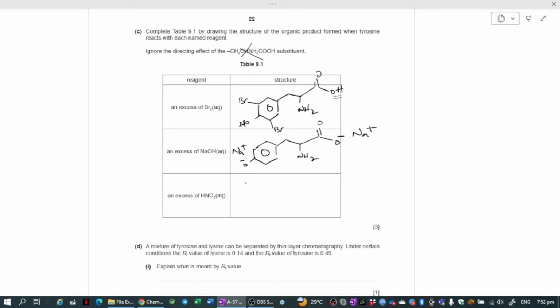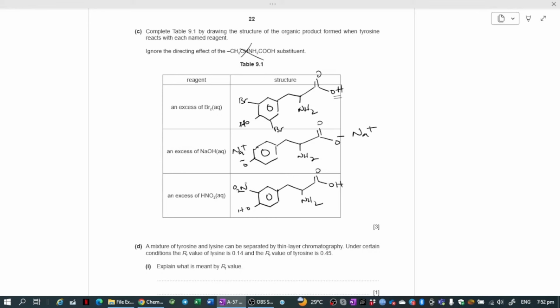And then they say an excess of nitric acid. So what will happen when we have an excess of nitric acid? Now they did not specify whether the nitric acid was concentrated or dilute, right? So either product here would work. Again, you have a phenol ring. If you have dilute nitric acid, you get a mononitration onto the ring.